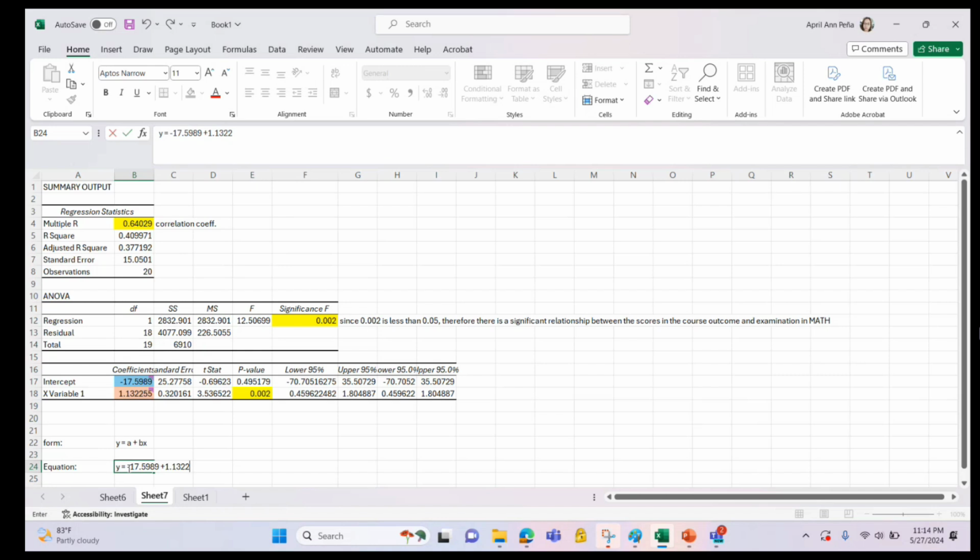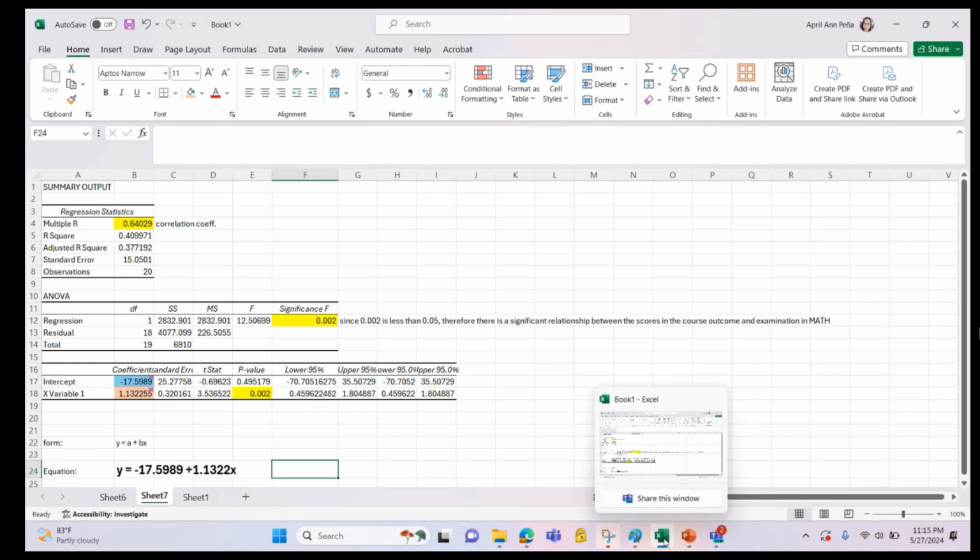Just don't round it off. And then if we just copy y as it is, the same with x, you just type x. This is our equation. You can just change the size like that. So that is the equation.